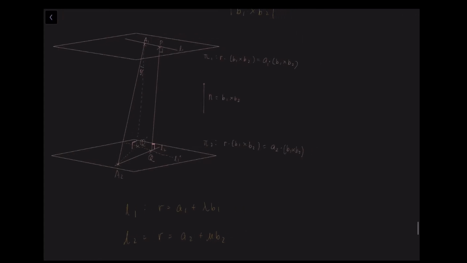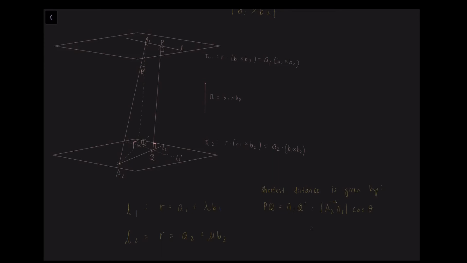Then A2Q prime A1 is a right angled triangle, and the shortest distance between L1 and L2 is given by A1Q prime. Thus, the shortest distance between the skew lines L1 and L2 is given by PQ, which equals A1Q prime, and it is equal to the modulus of vector A2A1 times cos theta.